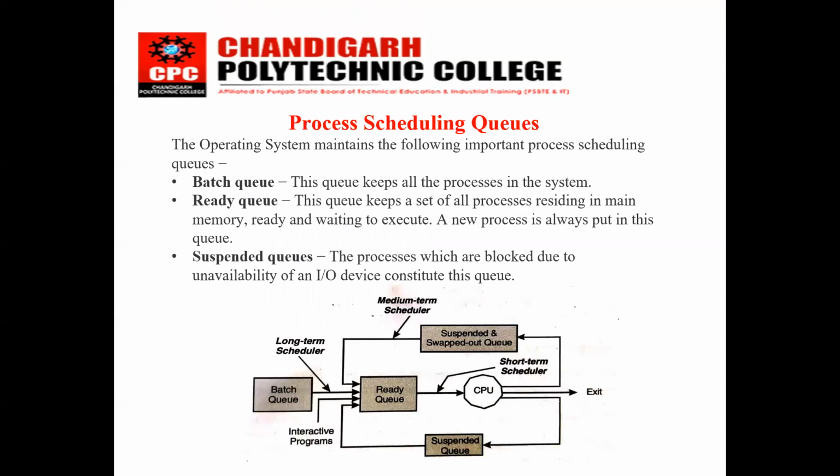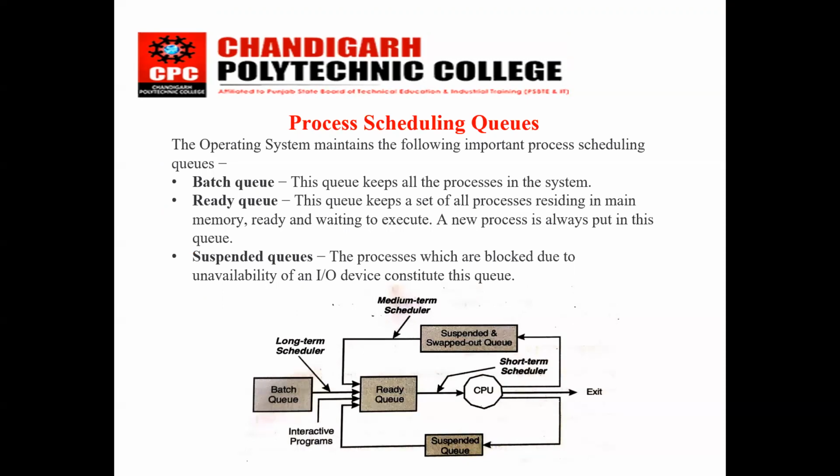Now here is the process scheduling queue. In an operating system we mainly have three types of queues in scheduling. First is the batch queue, then the ready queue, then the suspended queue. First of all, the batch queue: this queue keeps all the processes in the system.